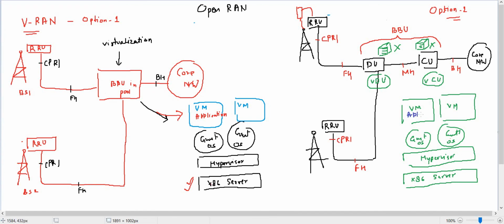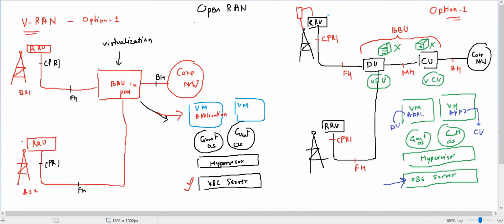Let's say application 1 will act like DU and application 2 will behave like CU. So you can see we replaced the dedicated hardware with this powerful x86 server. This is the virtualization. We have introduced virtualization in our traditional RAN, you can say cloud RAN or centralized RAN.